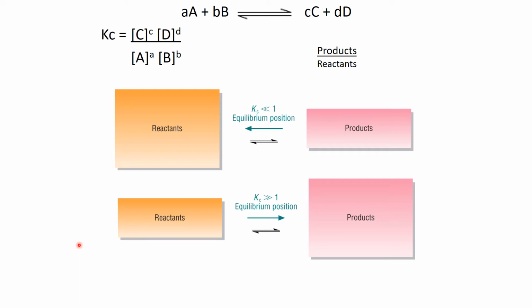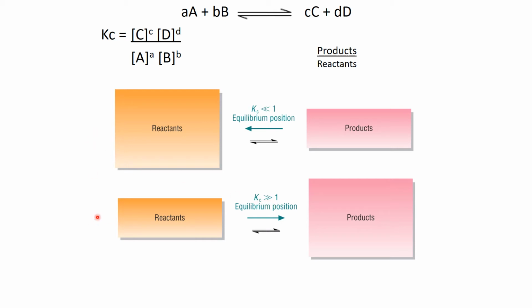I'd like to stress what we discussed last time, which is the fact that both of these systems, this bottom system and this top system, are both in equilibrium. It's simply that in this top system, the equilibrium constant is less than 1, and in this bottom reaction, the equilibrium constant is far greater than 1.